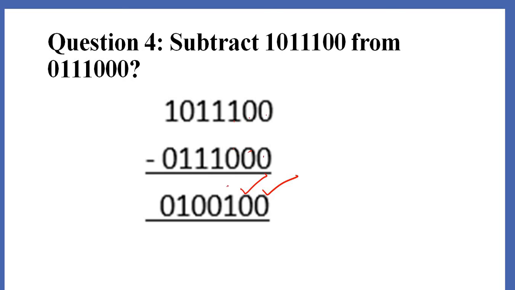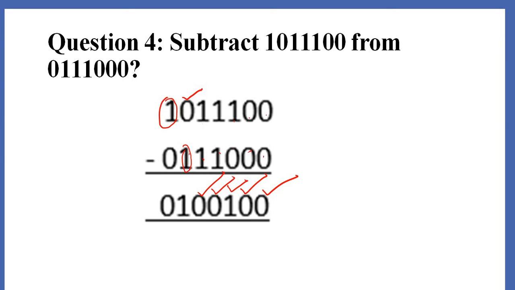Now according to the table of subtraction, 0 minus 0 is 0, 0 minus 0 is 0, 1 minus 0 is 1, 1 minus 1 is 0, 1 minus 1 is 0. Now 0 minus 1, that means the upper value is less than the lower value. We have to subtract 1 from 0. That means we have to take borrow from the next left column.